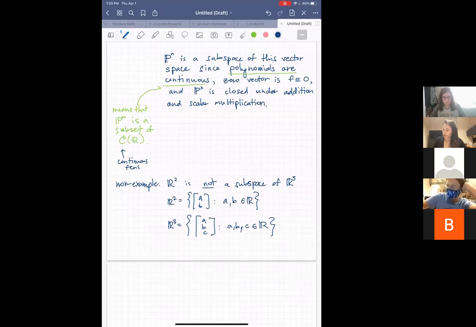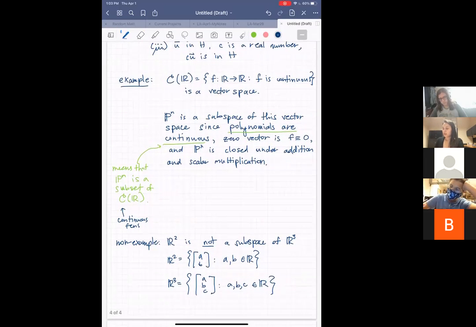So we don't have that R2 is a subset of R3. That is the first requirement for something to be a subspace, right? It actually has to be a subset. It has to be made up of the same types of objects, right? Whereas in our example here, the base object is a function, and so polynomials being functions can be a subset of all continuous functions on R, right?